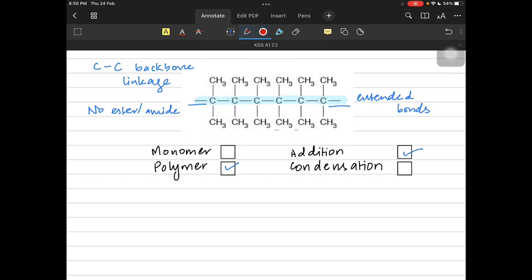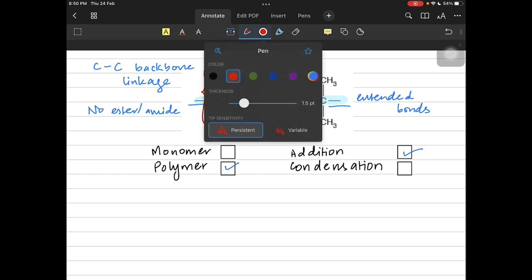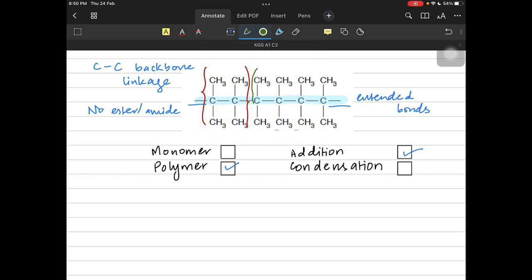When I want to make the monomers, I can split it into the pairs. So each pair of carbon determine the monomer. I'm making these brackets to make it more clear how the monomer looks like. The monomer has 2 carbons in the center, and there is a CH3 on top from both carbons and on bottom from both carbons.